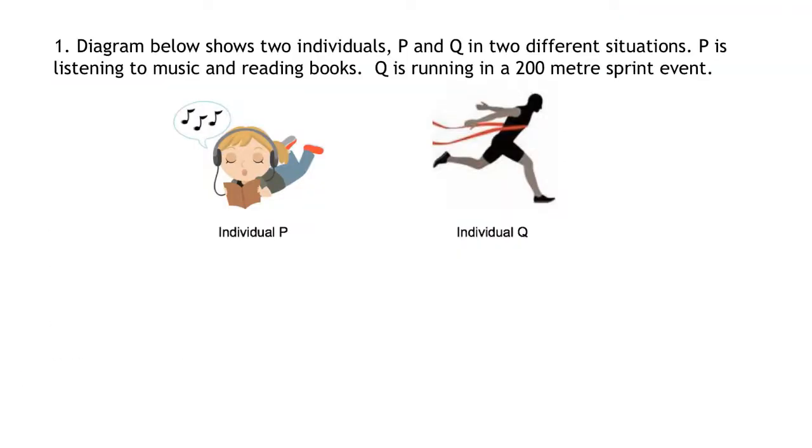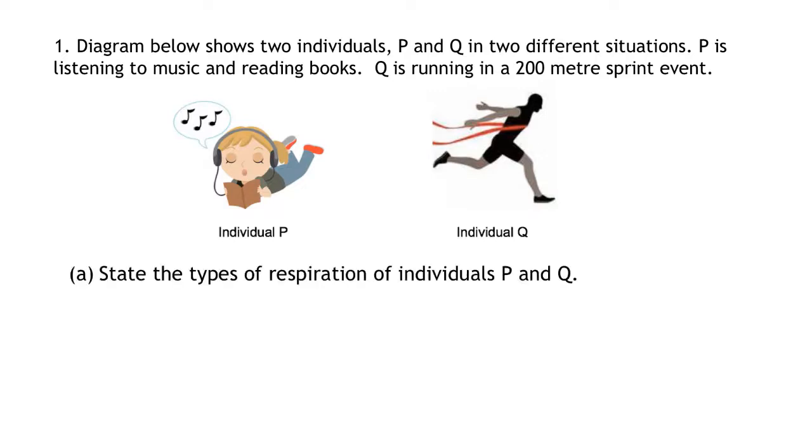Practice question number 1. The diagram below shows two individuals, P and Q, in two different situations. P is listening to music and reading books. Q is running in a 200-meter sprint event.